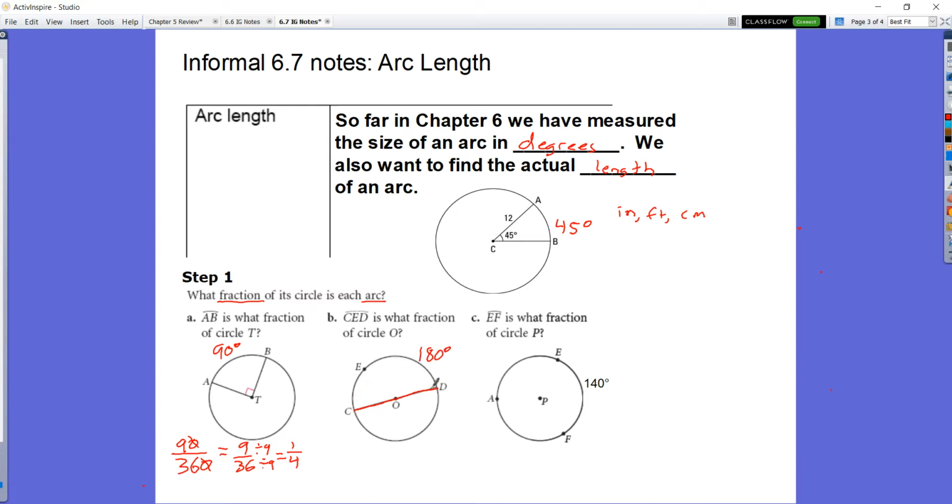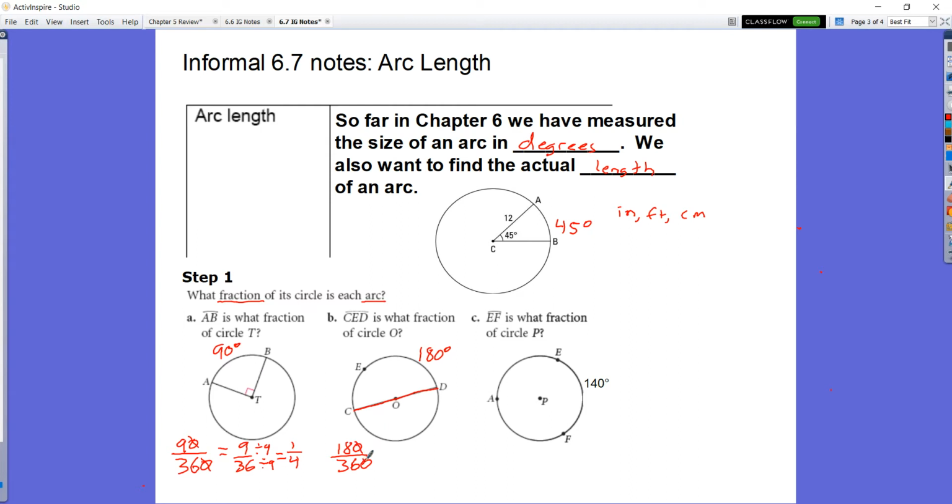All right, and we know it's half a circle, so we could actually say that this is 1/2, but if we wanted to actually work it out, just to show you the extra steps, we could take 180, which is the size of the arc, over the entire size of the circle, 360. All right, and we would simplify that down.